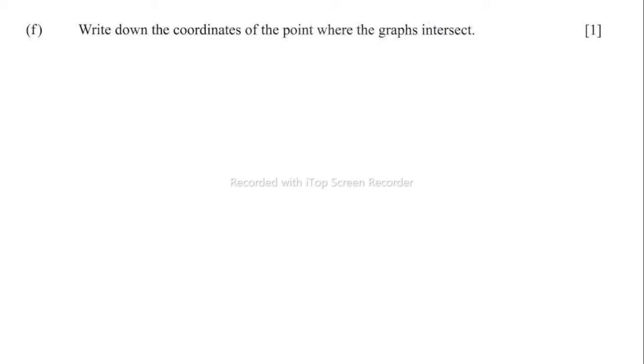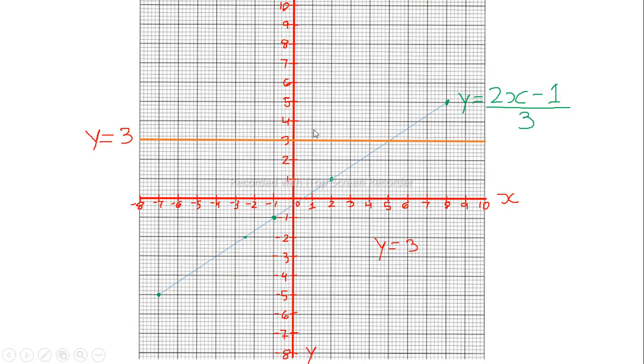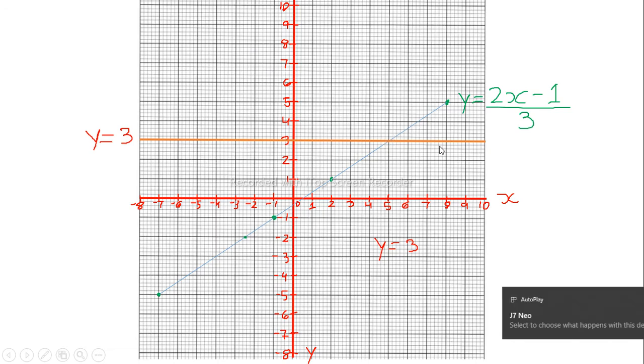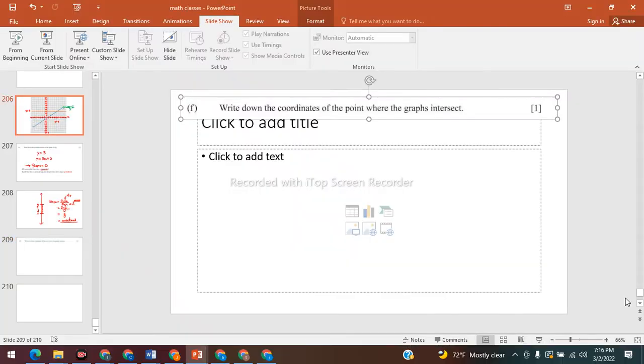They mean y equal to 3 and y is equal to 2x minus 1 over 3. So they're talking about y is equal to 3, this line, and also this line here. We want where they touch, where they meet. What's the coordinate where they meet? 5, 3.